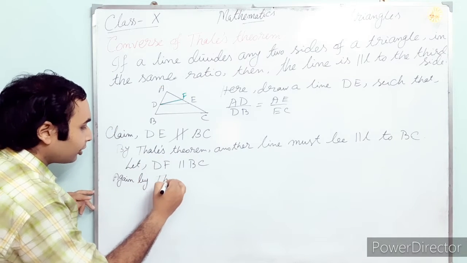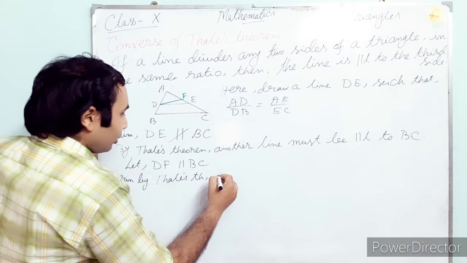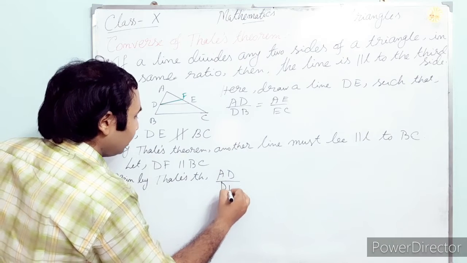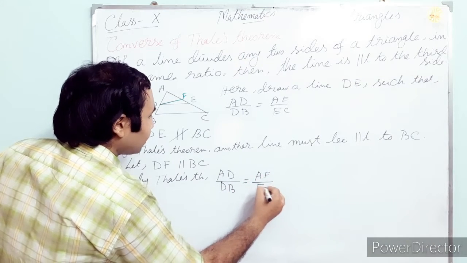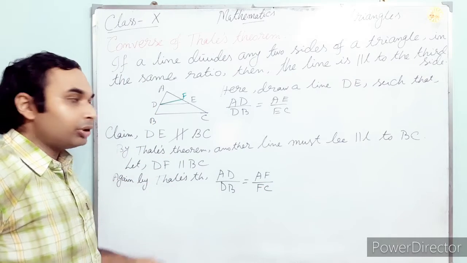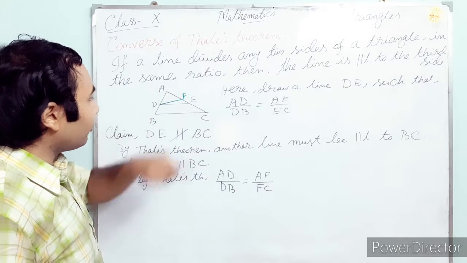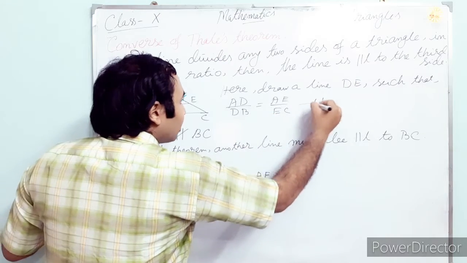So again by Thales theorem, AD by DB is equals to AF by FC, because DF is parallel to BC. So this was number 1.